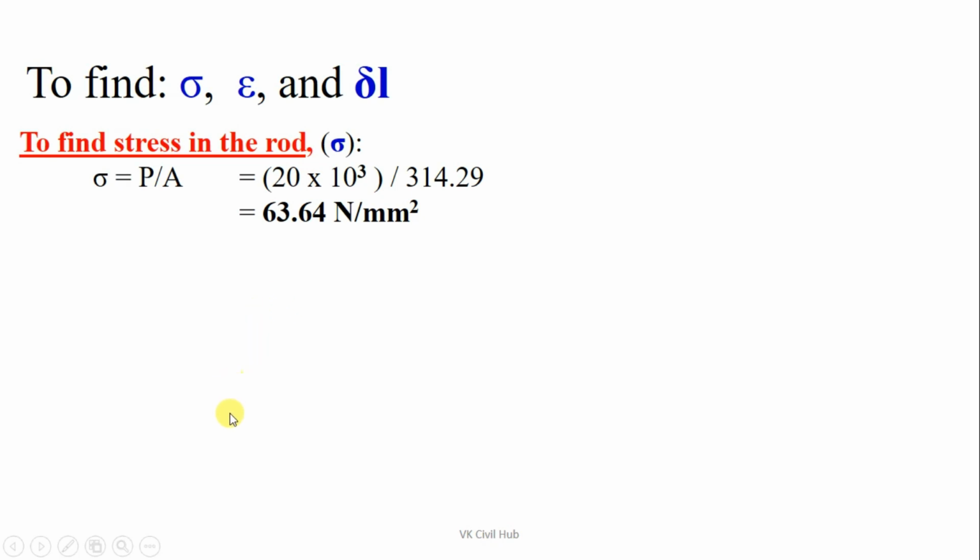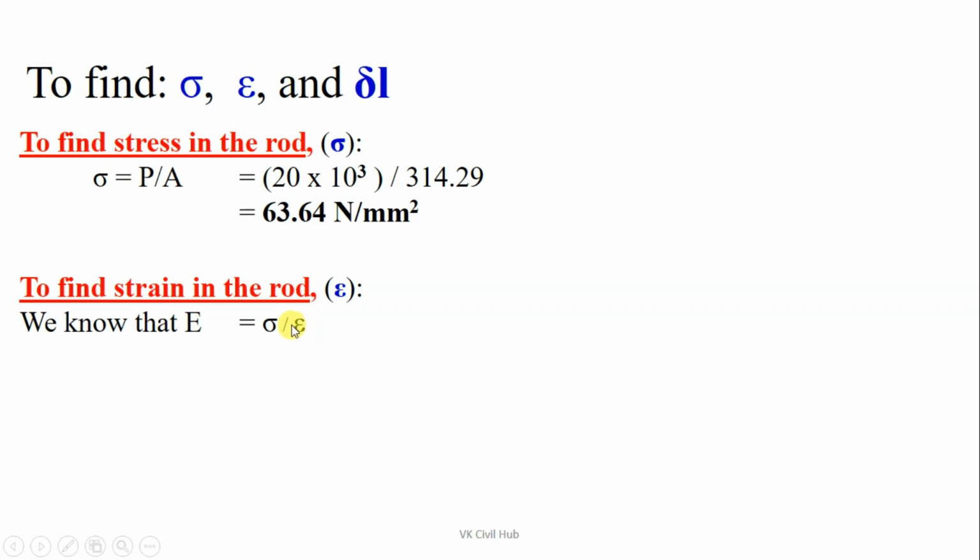Now the second part of the problem is to find the strain in the rod E. Here in this problem, delta L is also asked to find. Okay, so we don't have the value of delta L and we have to find the strain, means we have to use the Hooke's formula, that is E is equal to stress by strain, sigma by E. So from that formula we get strain is equal to sigma by capital E. So sigma is already found as 63.64.